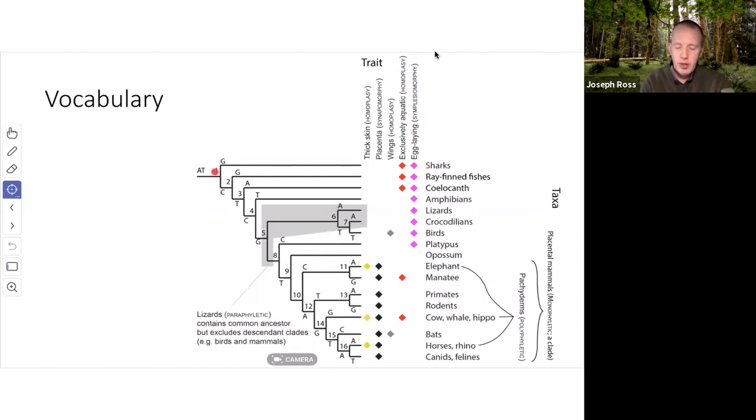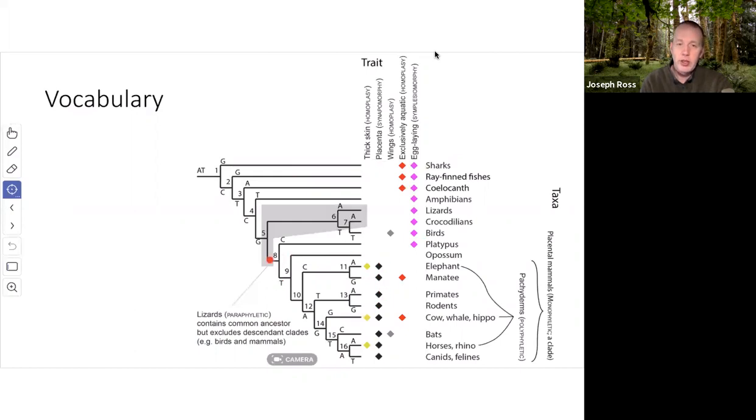So for example, the most common ancestor of all of these species led to sharks, fish, amphibians, lizards, up to platypi. All of those are egg-laying or egg-developing organisms where individual offspring hatch out of the eggs. But that is not a trait that's shared by the placental mammals.